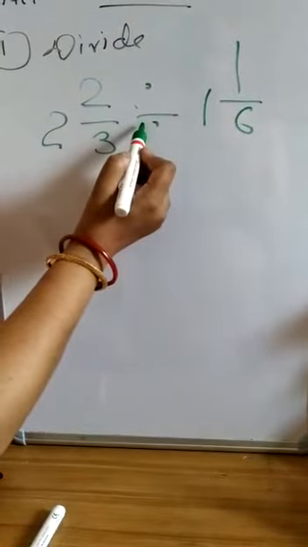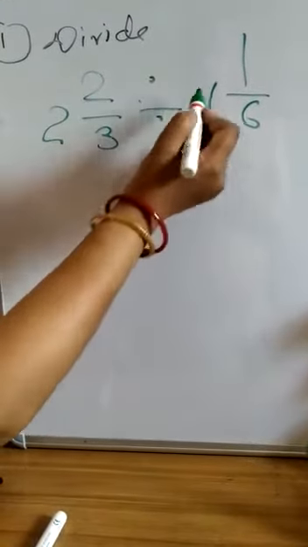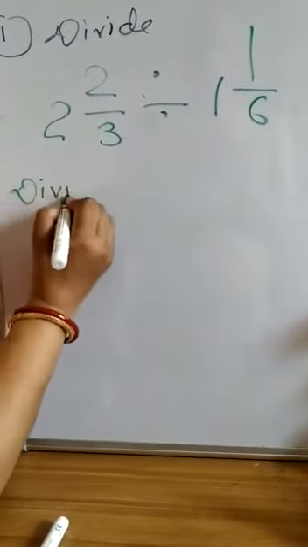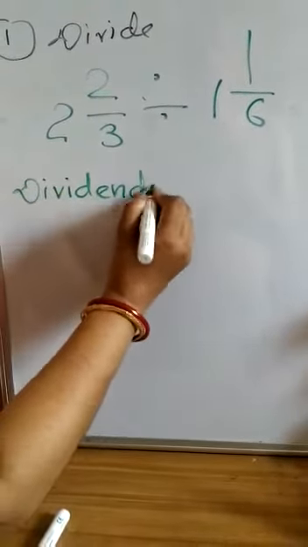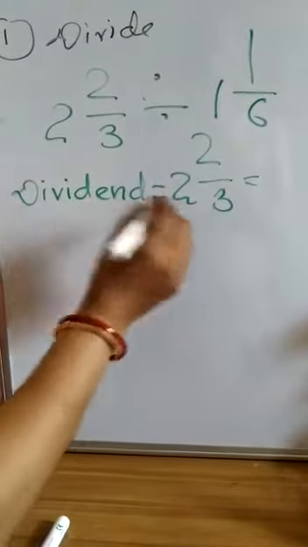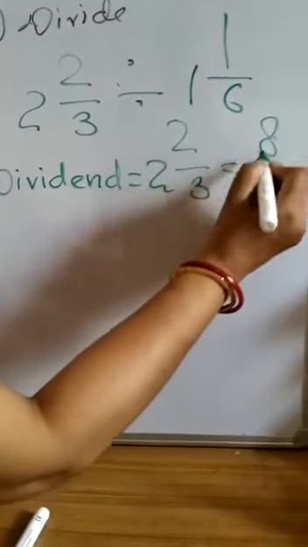This is the division sign. So firstly, what is the dividend? It is equal to 2 2 by 3. So let us change this mixed number into a fraction. 3 times 2 is 6 plus 2, 8 by 3.